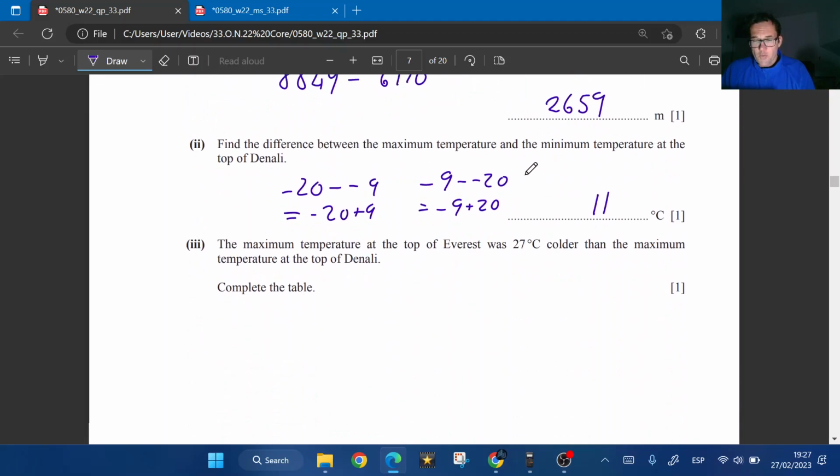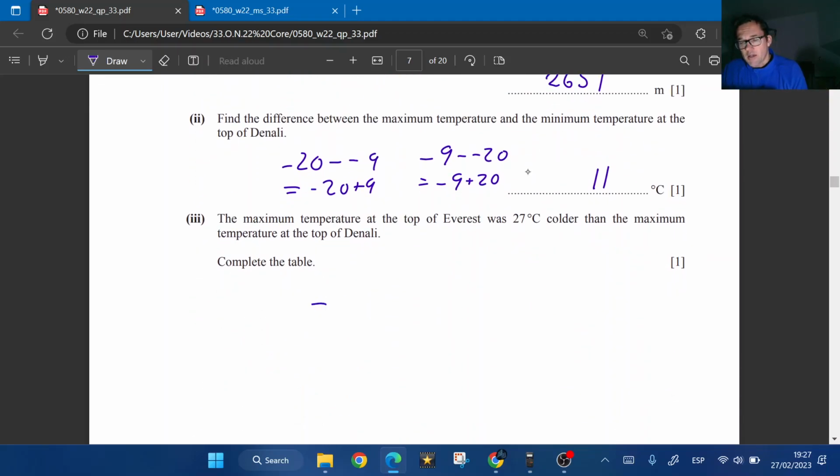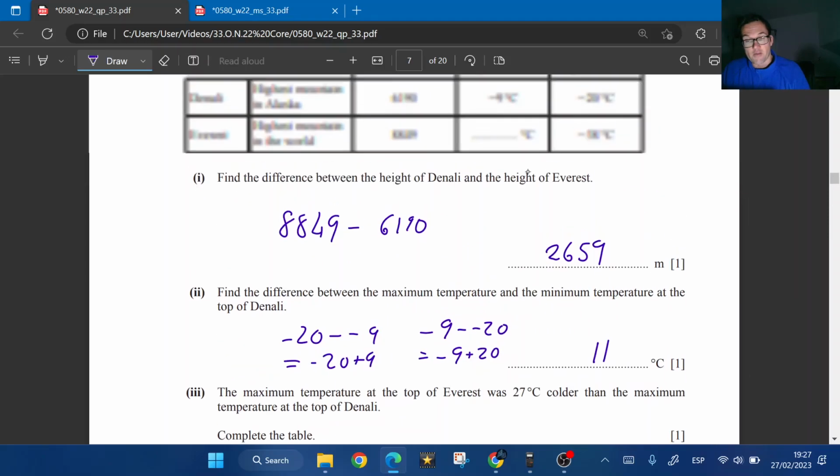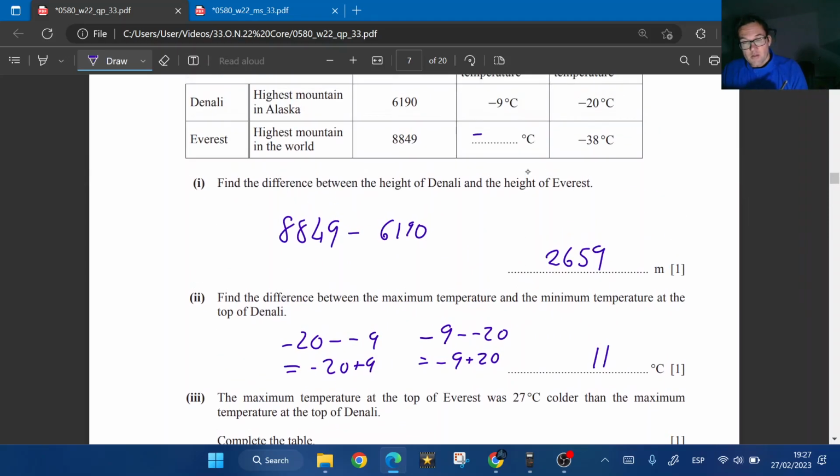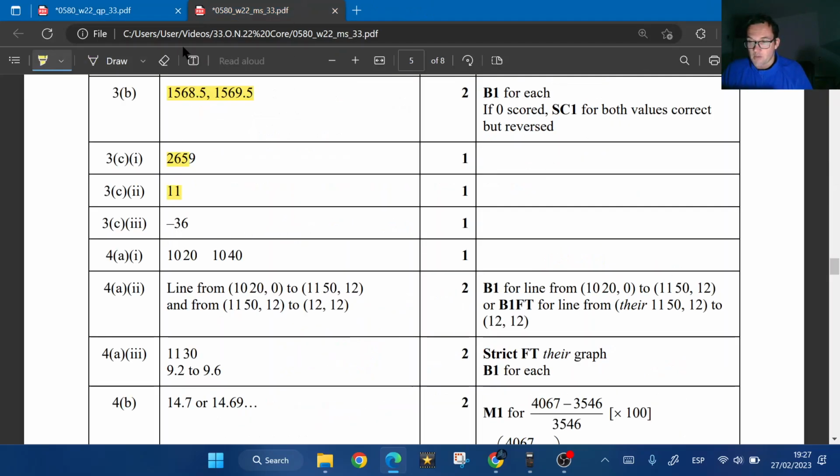So, we're at minus 9. Damn, that's cold. And we need to go colder. We subtract from that 27. Of course, that will be minus 35. Minus 35. Okay, if you're not sure, check it with your calculator.